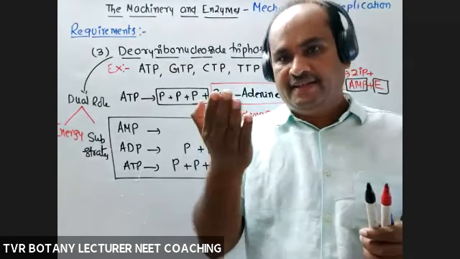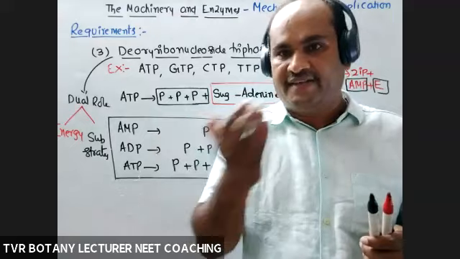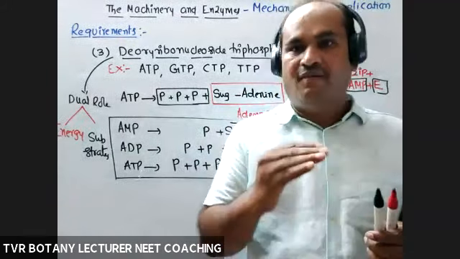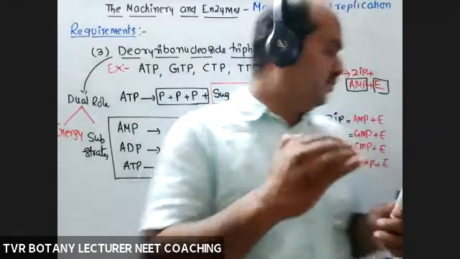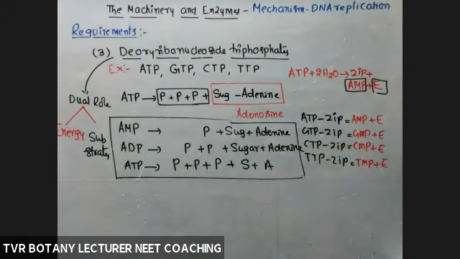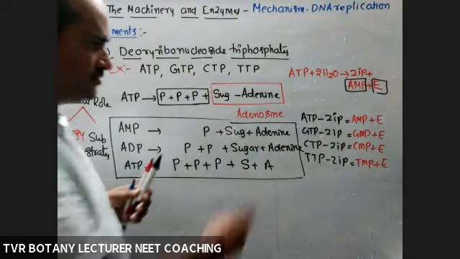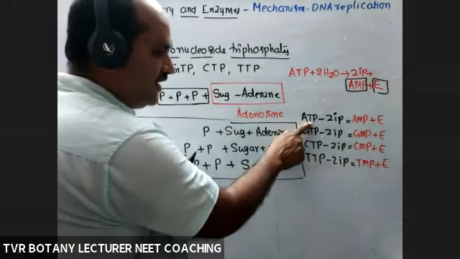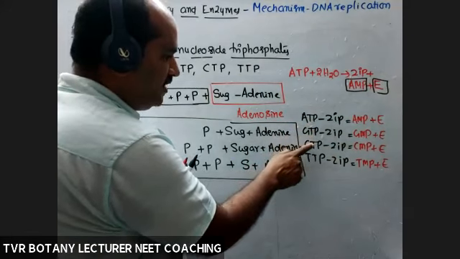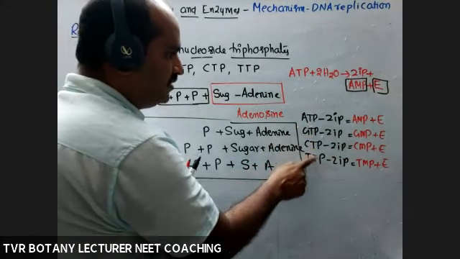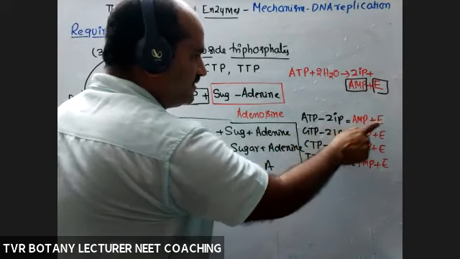Substrates means nucleotides. What are they? Adenosine monophosphate, adenylic acid, guanosine monophosphate, guanylic acid, CMP, TMP, like that, plus energy. So if two terminal phosphates are removed from each nucleoside triphosphate, nucleotides are possible plus energy is possible.